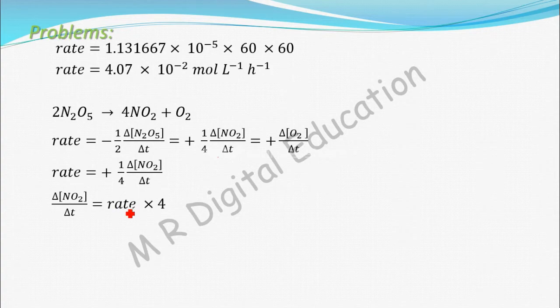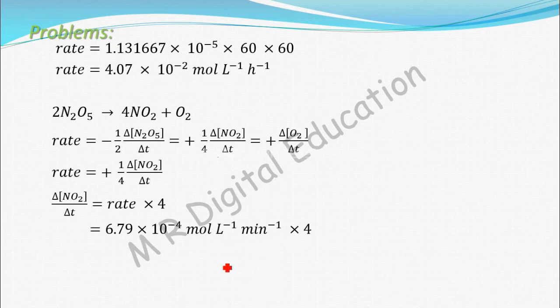Now which rate do you take? He didn't mention in which terms you have to calculate, so you can take any one, or take the average rate in per minute, which was calculated earlier. So this average rate in per minute into 4.